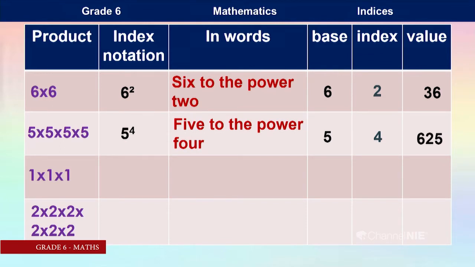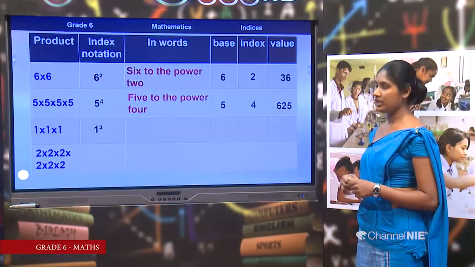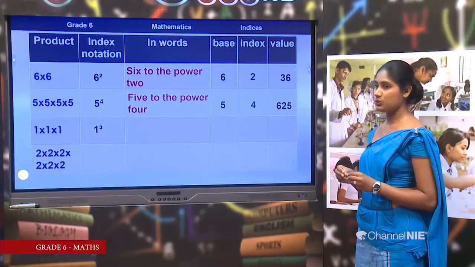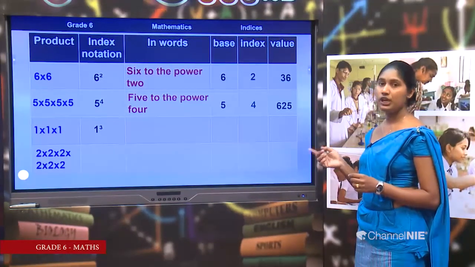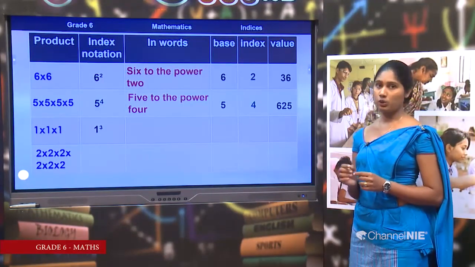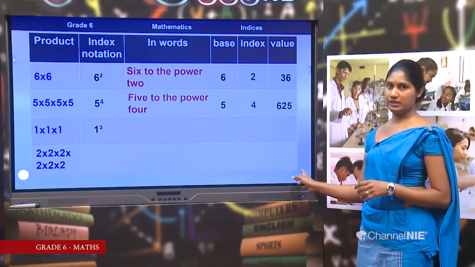Then next one, you can see 1 multiplied by 1, and again multiplied by 1. Then using index notation, the base is 1 and how many times you can see this 1, that is 3. You can write that 3 on the top right side of that 1. Then how to read this?